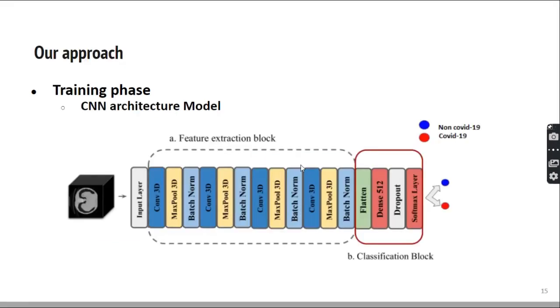The model consists of a feature extraction block that has 4 blocks of 3D convolution layers followed by a 3D max pooling layer and batch normalization. We also got a classification block with a flatten and dense 512 layer followed by a dropout and softmax activation layer that gives us two outputs for COVID and non-COVID.